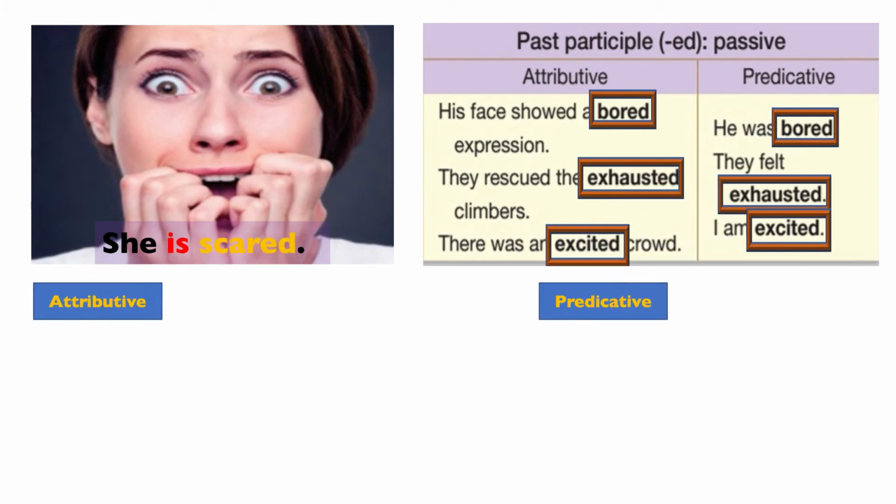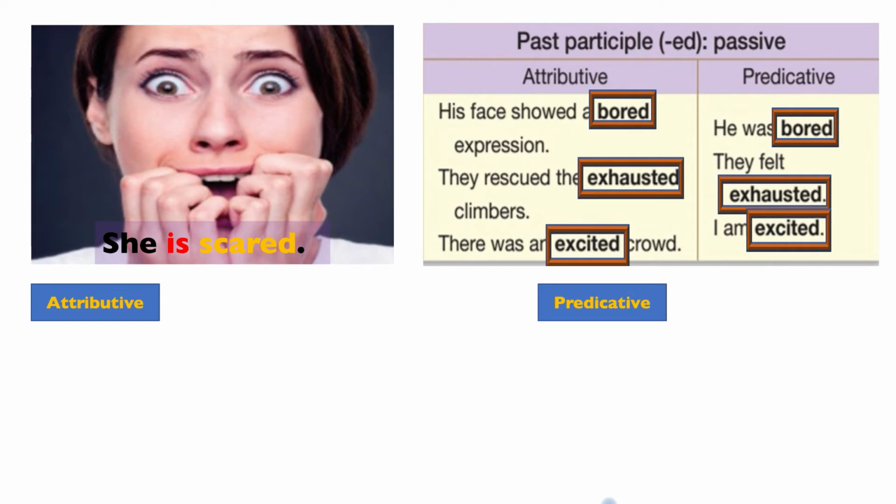So Younghee, can you do the same pattern for the attributive but with scared? Okay. Let me try. Her face showed a scared expression. They rescued the scared climbers. No, she's not a climber.